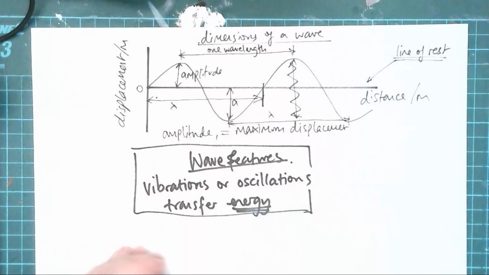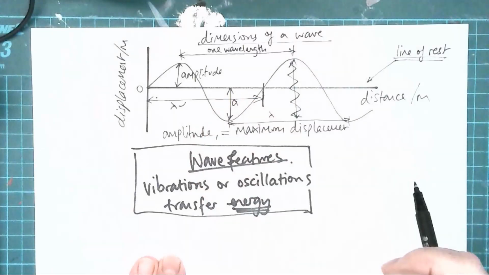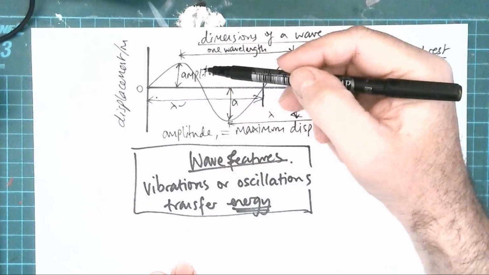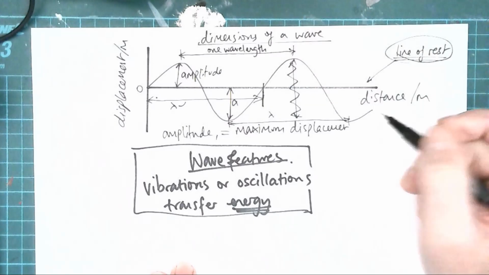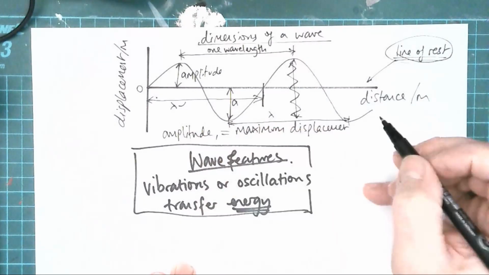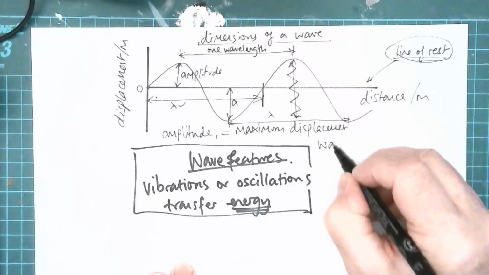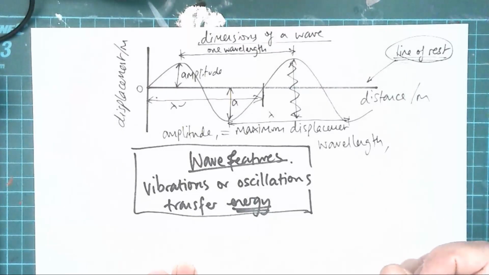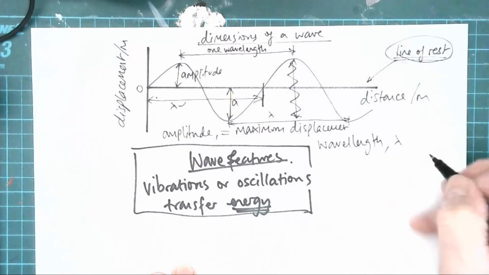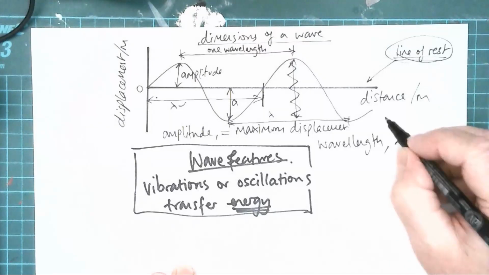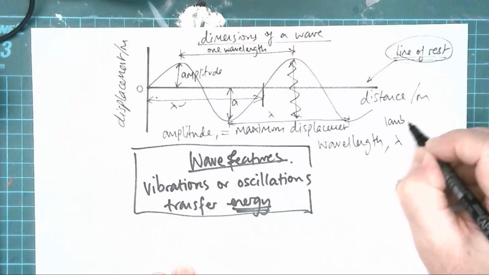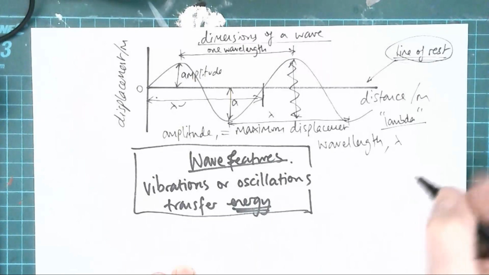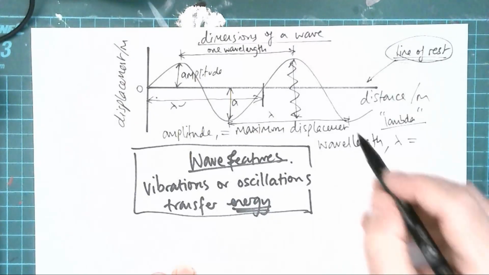Okay. So we've got two measurements. We've got amplitude, that's the up and down measurement measured from the line of rest. And I've also got wavelength. It's another measurement of dimension, but in the other direction. Symbol is lambda, which is a Greek character, and wavelength is, I've spelled it wrong, too many L's.